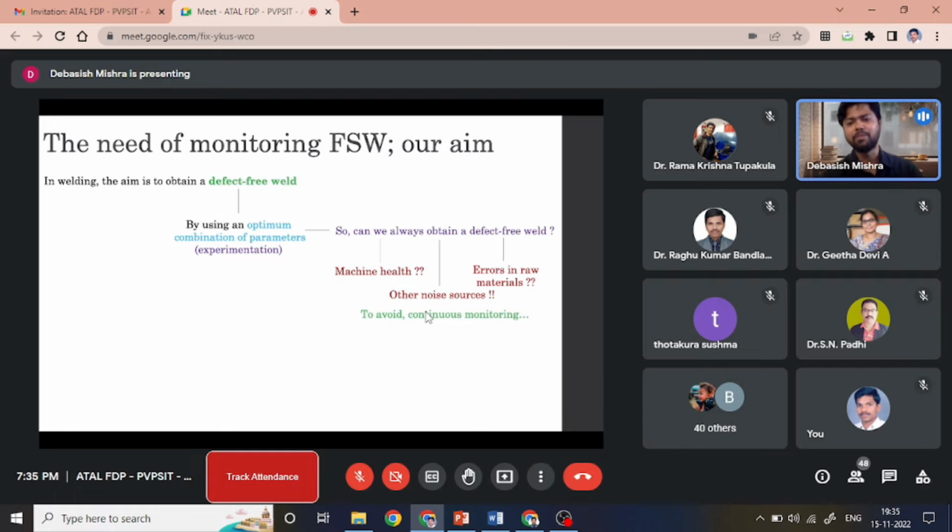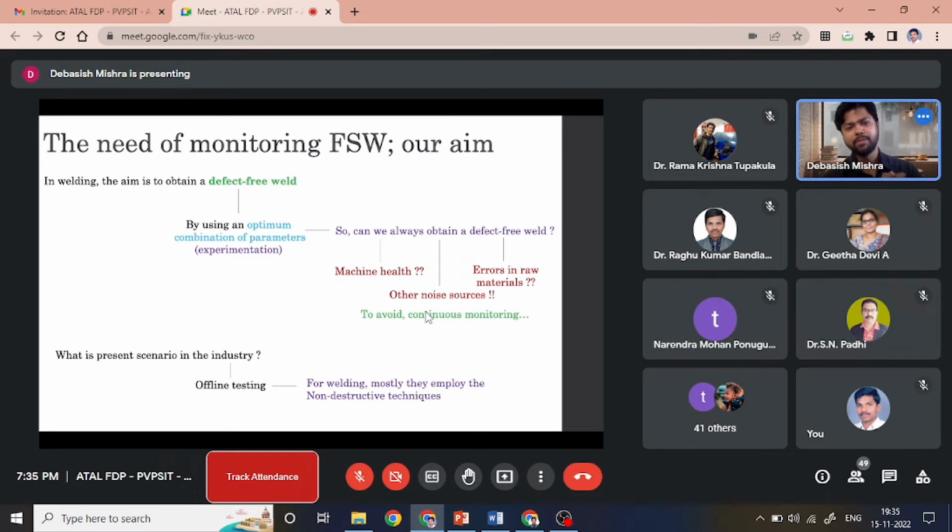May not be directly, but indirectly we would have an idea of what is actually going wrong in the process. If you look at the current industrial scenario, most of the weld samples are either tested in a destructive way by doing tensile testing, or by identifying the grain size, or by using non-destructive testing like RT or UT.